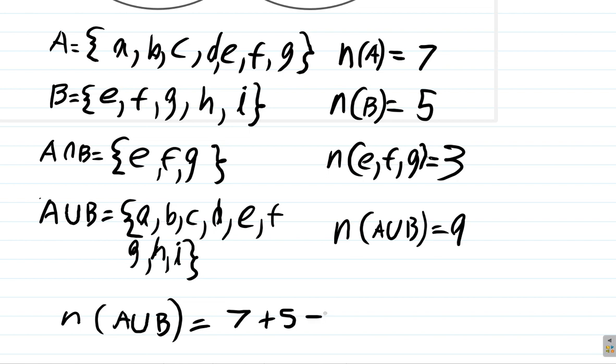So we have to minus 3. So therefore, 7 and 5 is equal to 12, minus 3 to give us the 9. Alright?